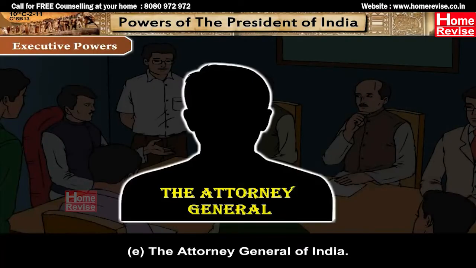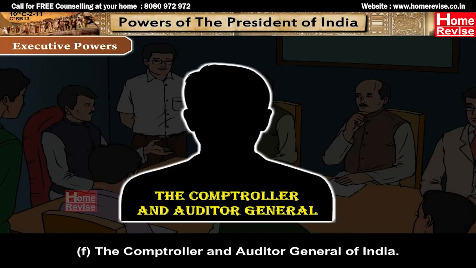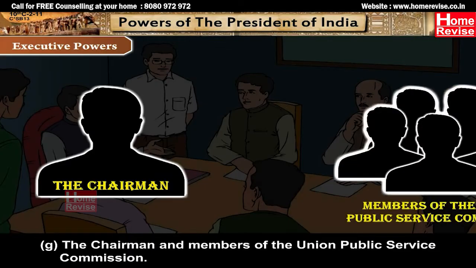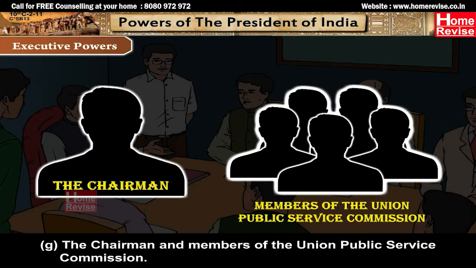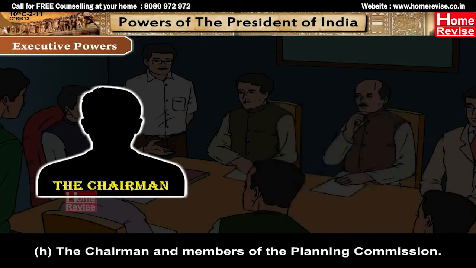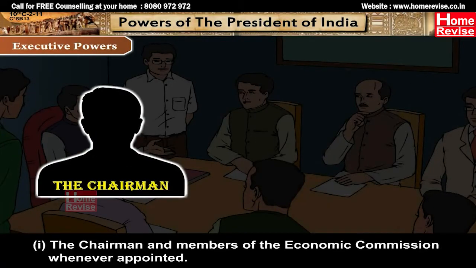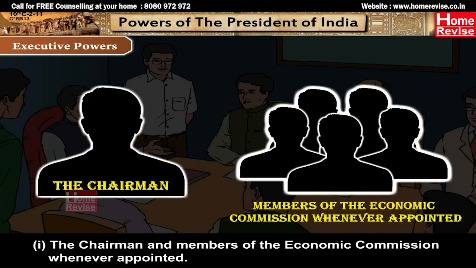E. The Attorney General of India. F. The Comptroller and Auditor General of India. G. The Chairman and members of the Union Public Service Commission. H. The Chairman and members of the Planning Commission. I. The Chairman and members of the Economic Commission whenever appointed.